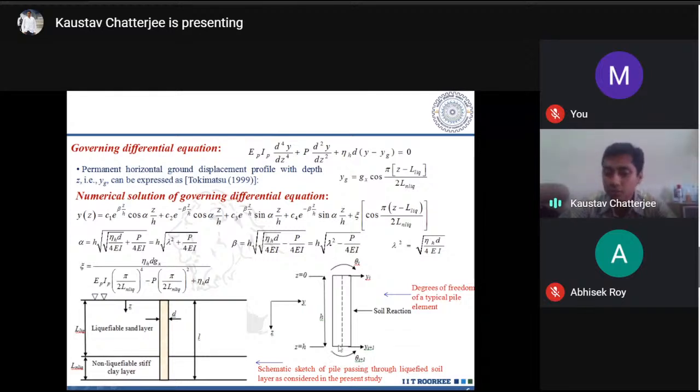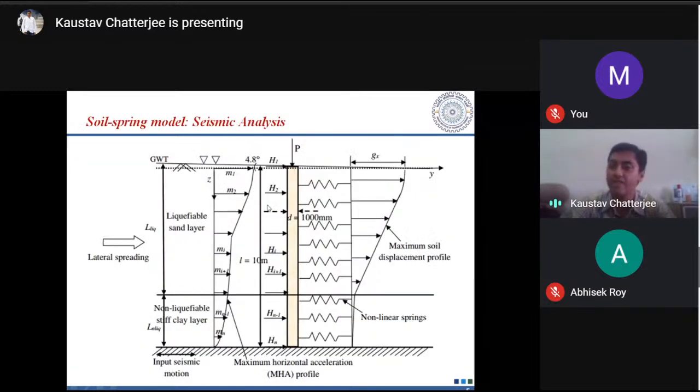Similarly, at the bottom node, theta i+1 and yi+1. This is at z equals 0 and this is at z equals h. And this particular node is subjected to the soil reaction from the current. And these are the degrees of freedom of a typical soil-pile element that I have considered. This represents whatever I have drawn in this particular figure over here.